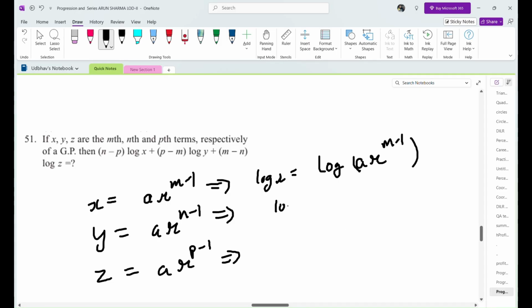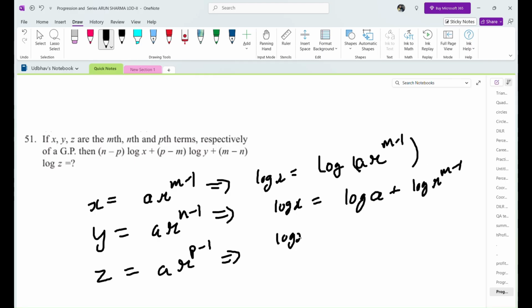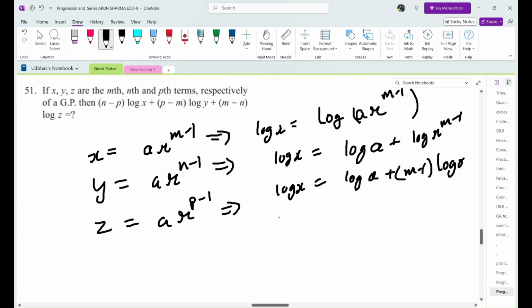So log x equals to log a plus log r power m minus 1, and this is in the power, so it can come outside. So log x equals to log a plus (m minus 1) log r.